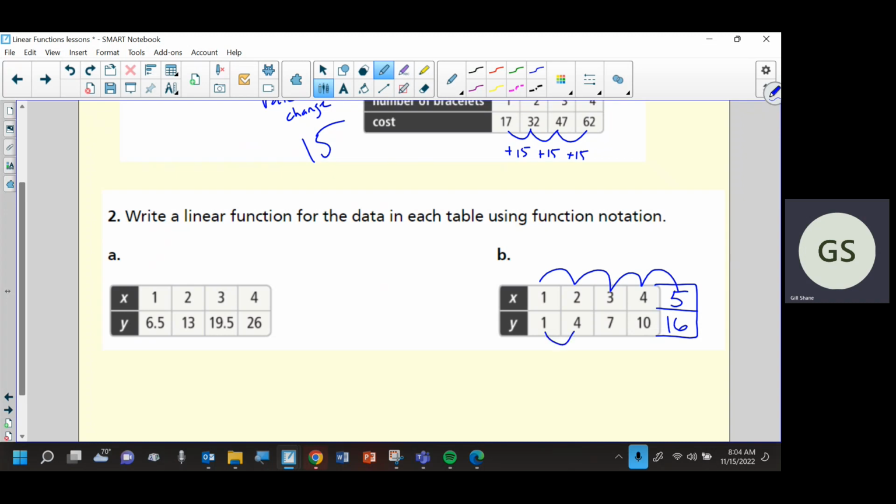Then my pattern is +3, +3, +3. And I think a lot of you stopped right there. And then the very last one wasn't +3 or wasn't plus whatever. It was a different number. It's non-linear. Only has to happen once. You need to go through the whole entire table and make sure that pattern exists or is continuous through the whole table. And there weren't even 5. There were only 4 you had to check, maybe even 3.